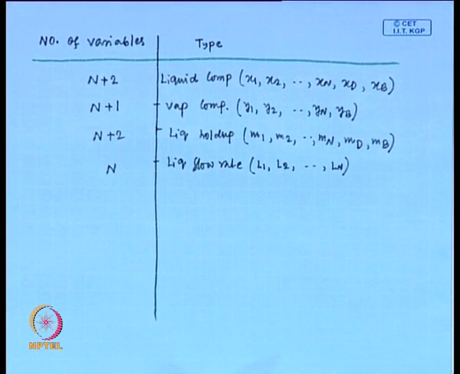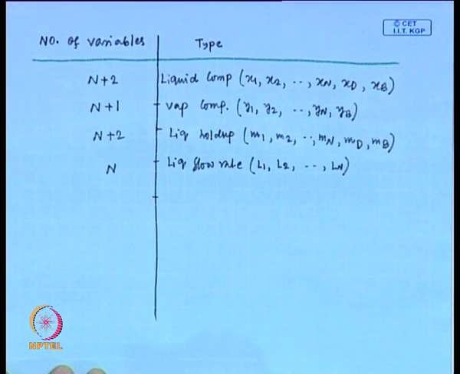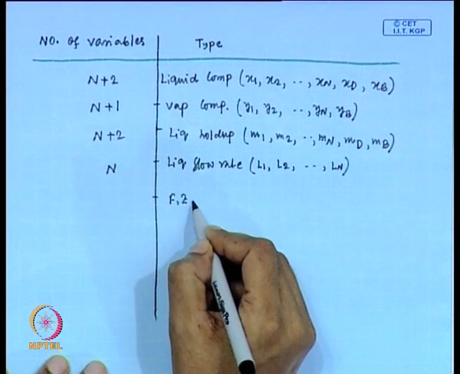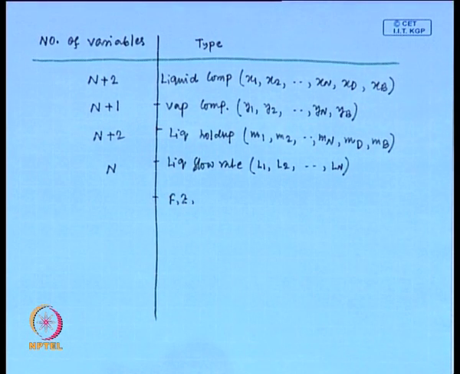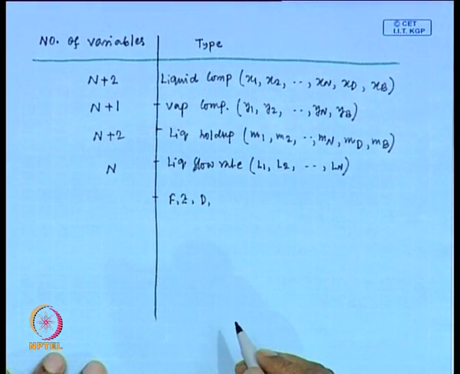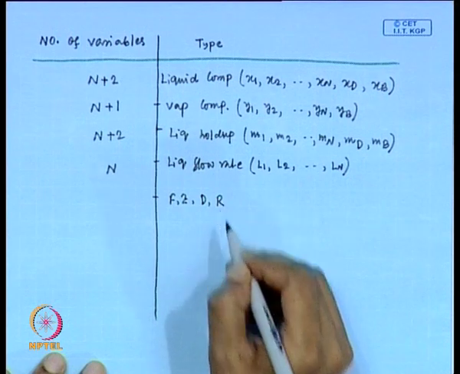fine. Now, apart from these variables, what are the other variables involved in the distillation modeling? First, you will consider the feed. What are the variables used for feed? F and Z. What about the top section? In the top section, we have another two variables. One is D, another one is reflux flow rate.